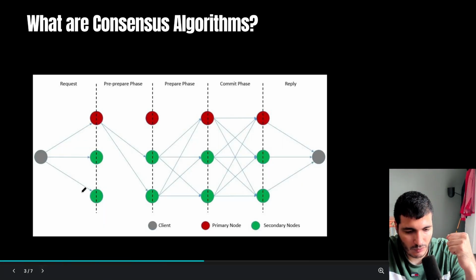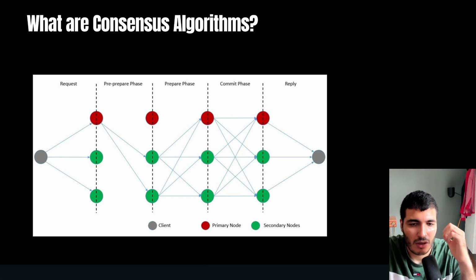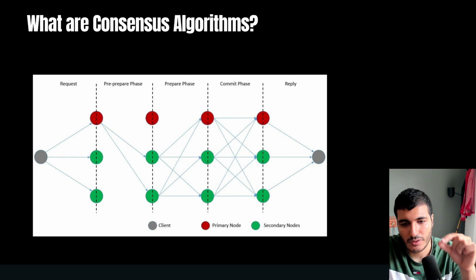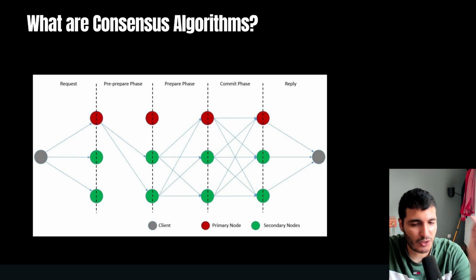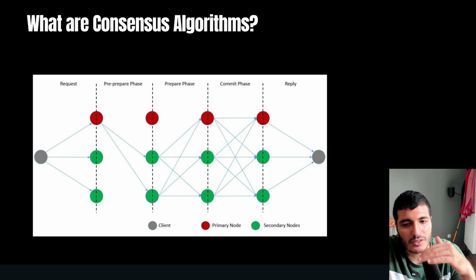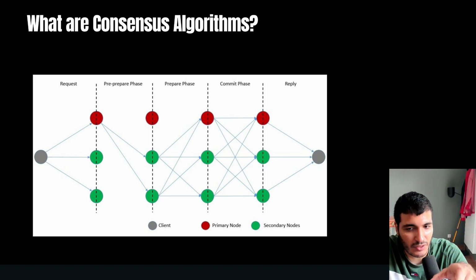So, what are consensus algorithms? They are protocols that allow a group of distributed processes to reach an agreement on a single data value or a sequence of decisions, even in the presence of various failures, such as server crashes, network delays, or packet loss.